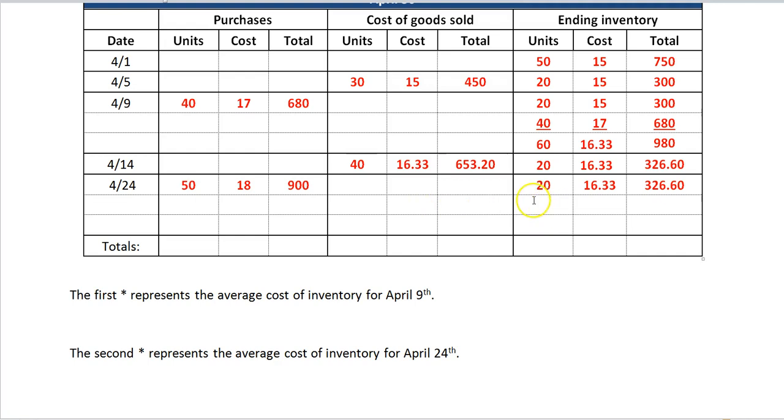And now we're going to have 15 at 18. We're going to calculate the new average. So 50 plus 20 is 70. These two added together equals that number. Divide the two and you get a new average cost. You have to do that every time a purchase is made, not necessarily a sell. Alright, the total cost of goods sold is equal to the sum of these two. And the total ending inventory is equal to these four.